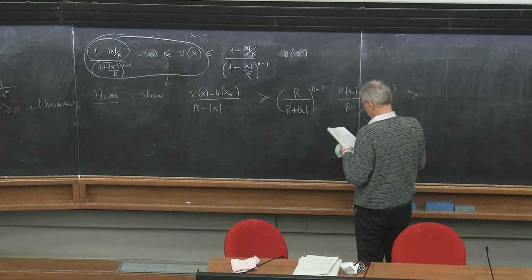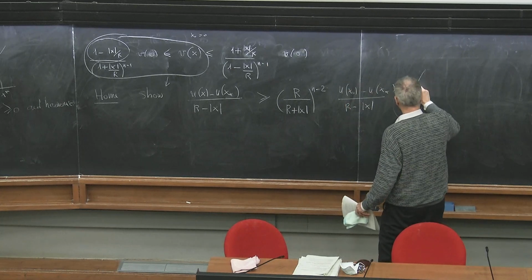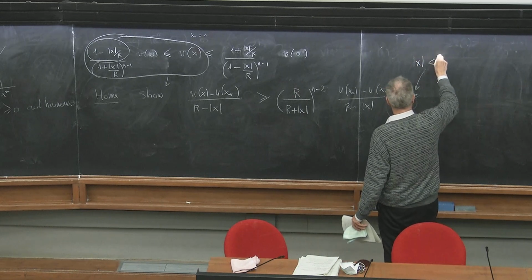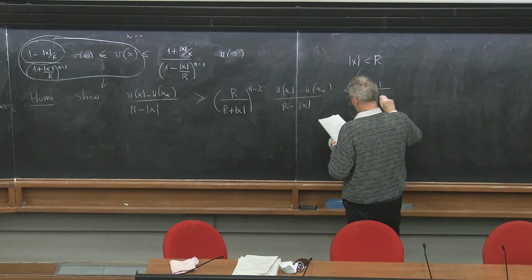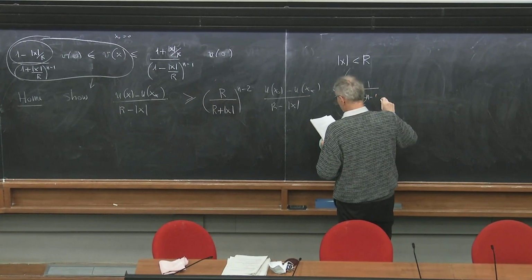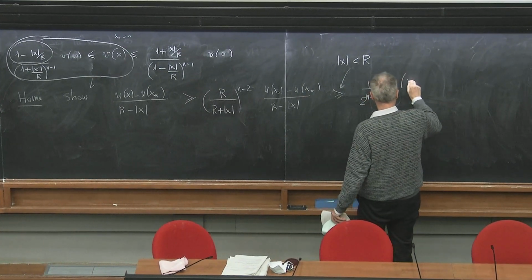Then show that here you use this inequality and you should get 1 over 2 to the n minus 1, exactly what you want.